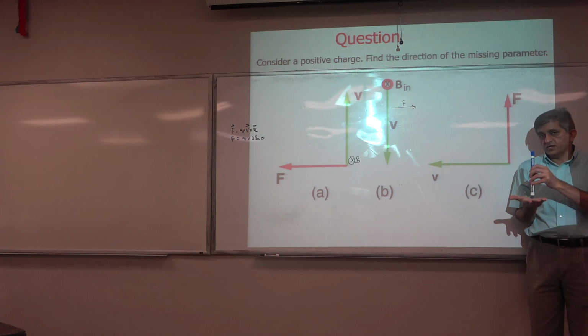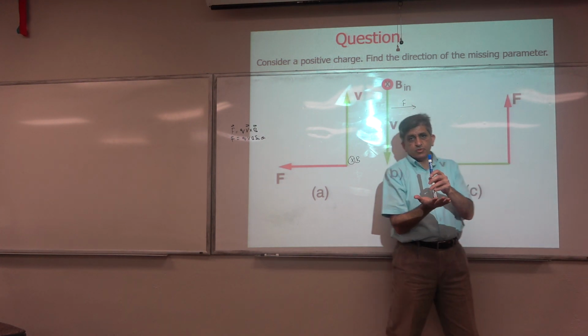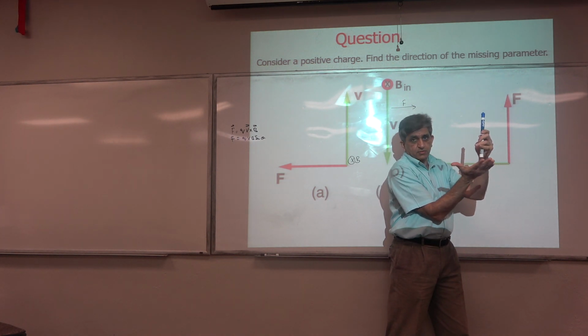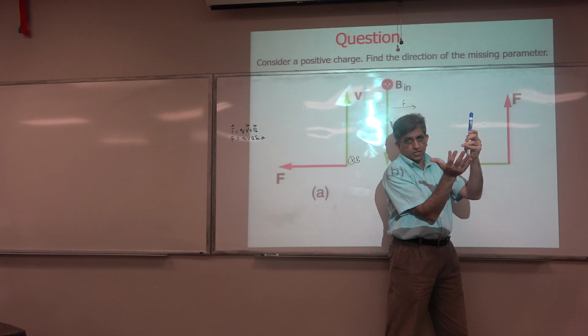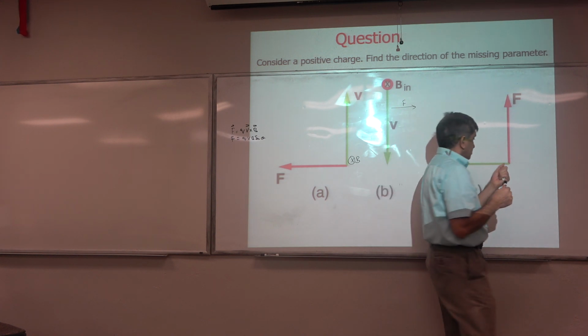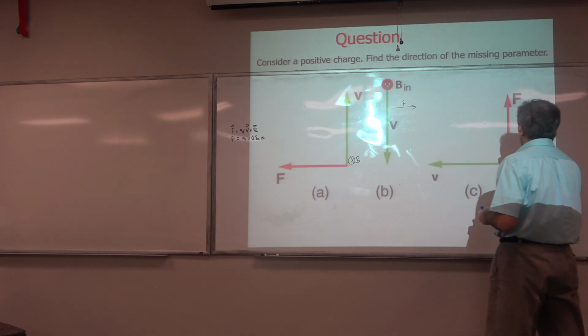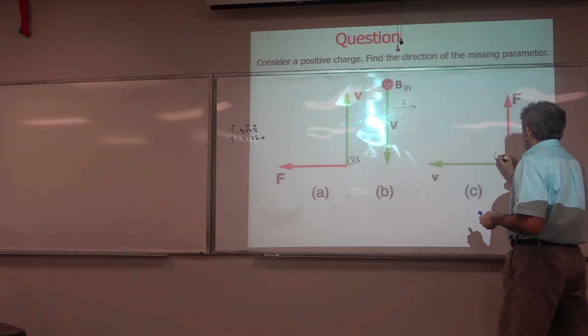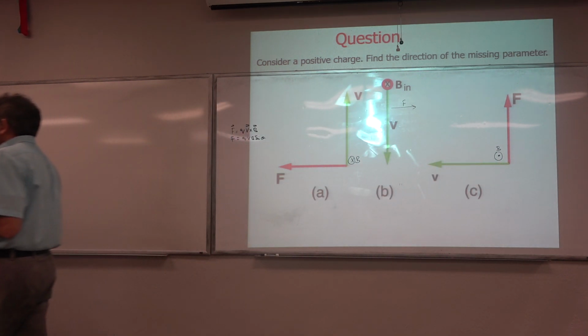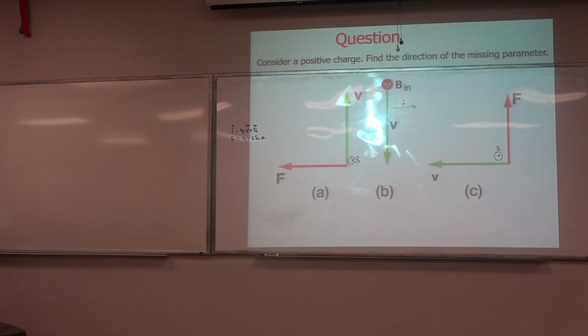The magnetic field is outward. Force is up, the particle is going this way, and the magnetic field is coming towards you. So the missing magnetic field is outward. If we look at this, all three things are there.